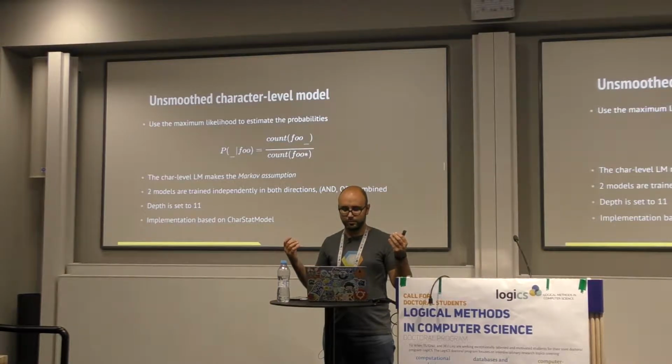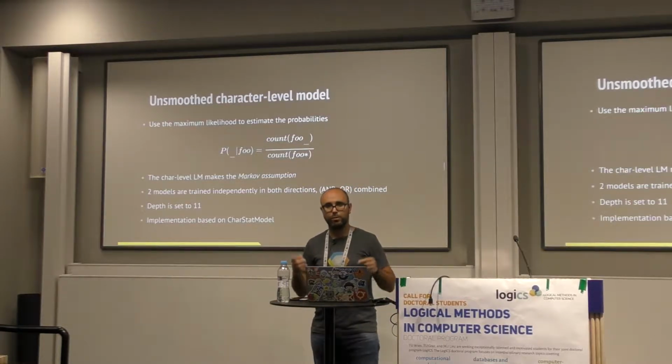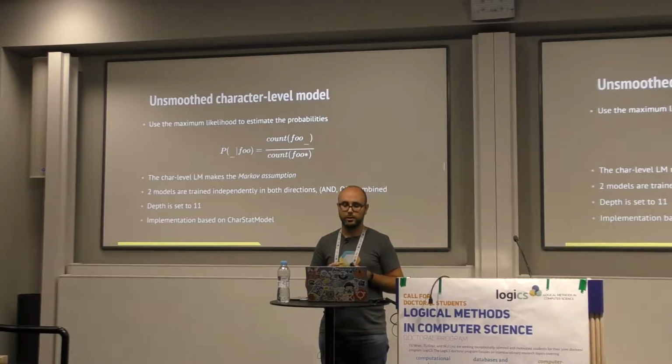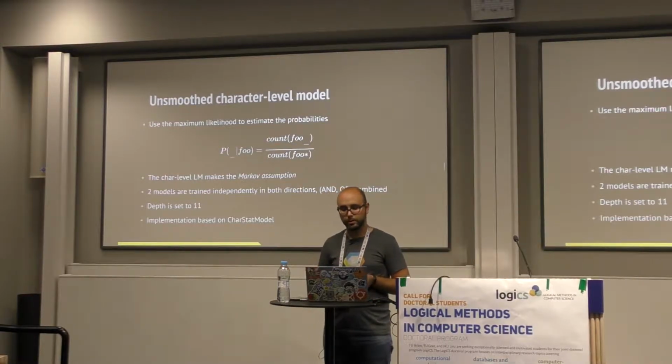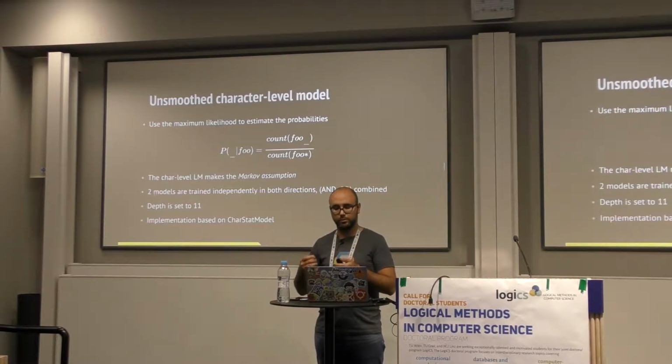You can either merge them using an AND condition or an OR condition. AND means that if both models predict that there is a split, then there is a split. If at least one is not sure, you say that this is not a split. And in case of OR, if at least one model predicts that there is a split at a certain place, you say that this is a split.